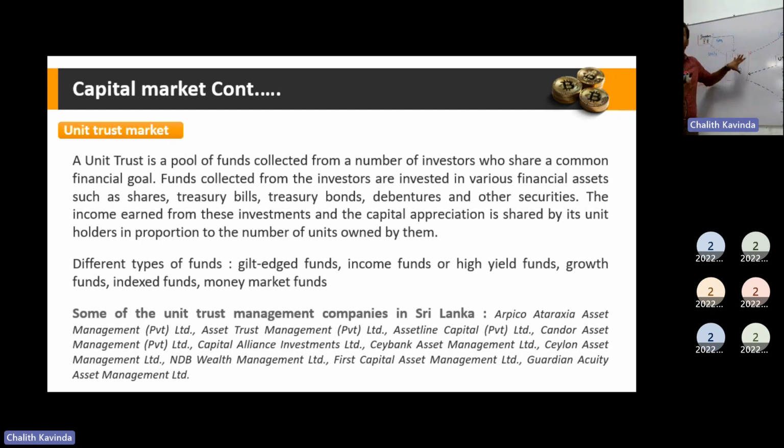First you need to analyze the unit trust company in terms of their credit ratings and the returns they have provided to their investors during a particular period, after deducting certain fees, because your fund will be managed by a particular company and it is their right to deduct some fees. After the deduction of those fees, the return series are available. You can check what type of return they have provided. That is how you analyze the risk profile of the unit trust company.